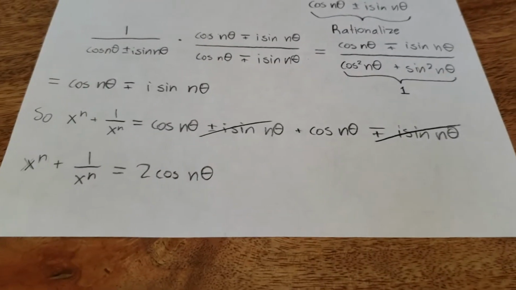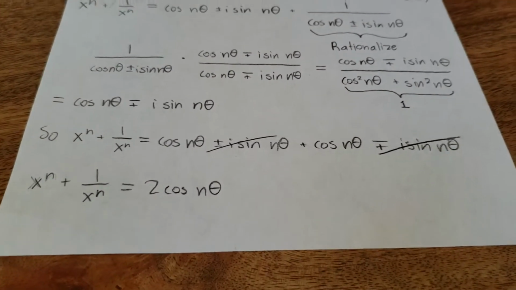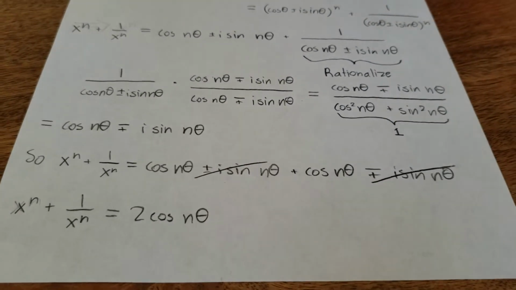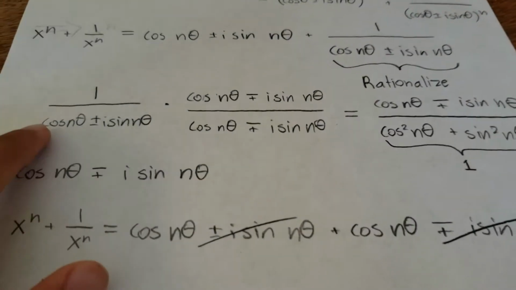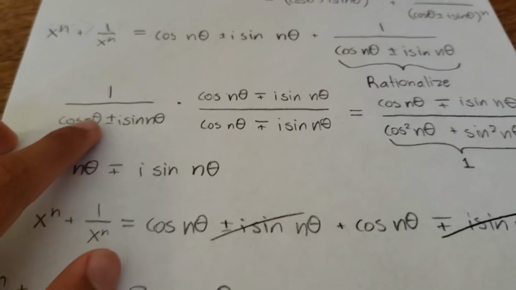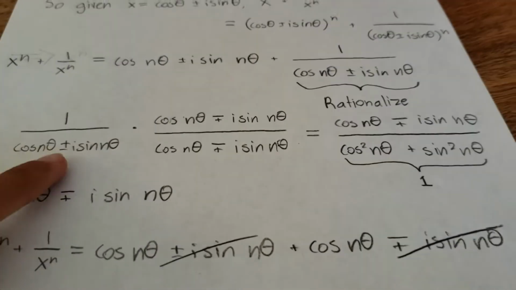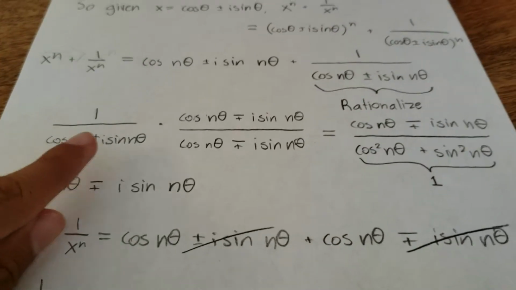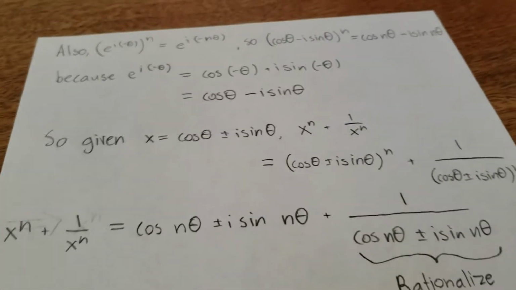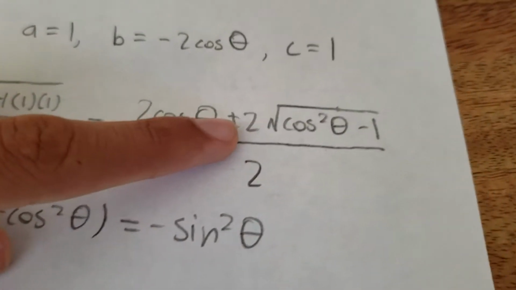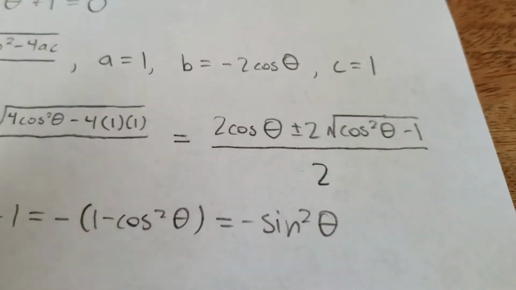Finally, that's a very interesting method to tackle this. It is very interesting that we could just rationalize this denominator and take care of two cases at once, both the plus and the minus case. And we used a bunch of trig identities, like here the Pythagorean identity, and here an identity in disguise.